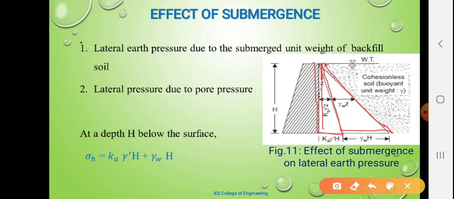This triangle is similar to the previous one, along with this term added because of the effect of pore water pressure. So, sigma h equals Ka gamma dash h plus gamma W into h. Gamma dash is the submerged unit weight of soil and gamma W is the unit weight of water.